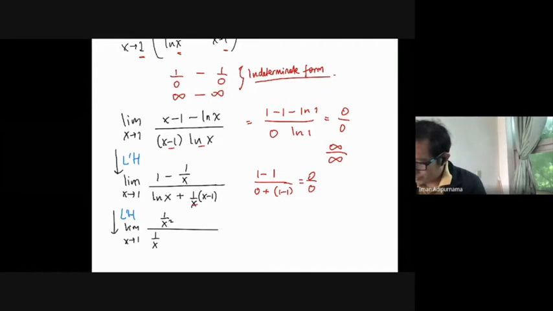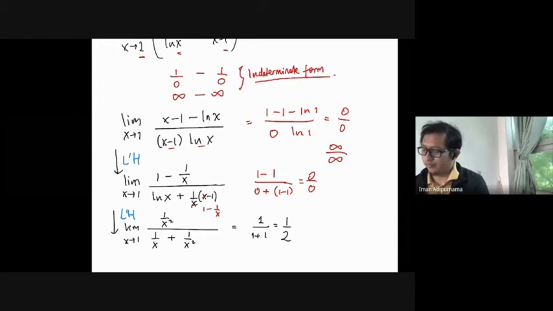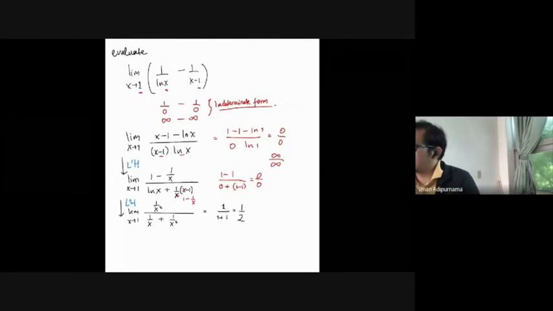The top becomes 1 minus 1 over x, so it's minus and it becomes plus. And then when we plug in 1, it becomes 1 over 1 plus 1, it's a half. So as long as you get 0 over 0 or infinite over infinite, you can always use L'Hopital's rule.